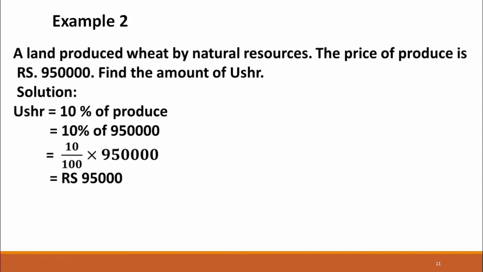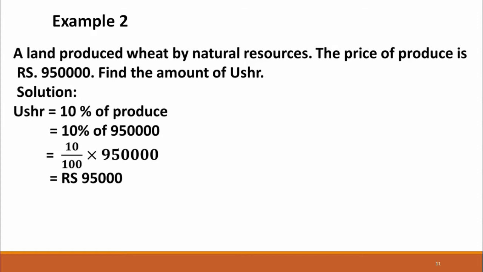Now, a land produces wheat by natural resources. In this question, it is also given that the land is irrigated by natural resources. The price of produce is Rs 950000. Find the amount of Ushr. So dear students, this is very important. In the problem, first of all, note whether the land is irrigated by natural sources or by artificial sources.